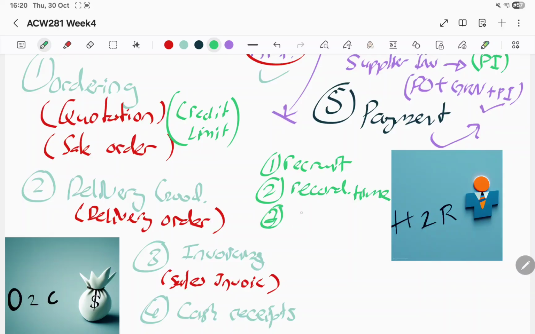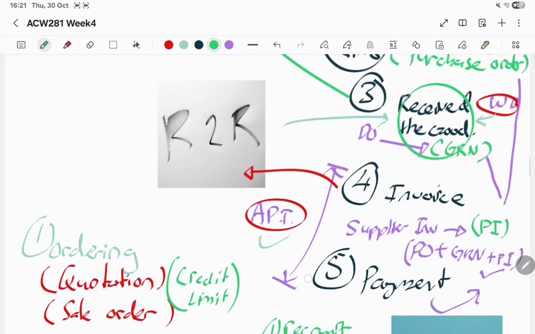And then number 3, you're going to pay the salary. And then number 4, this one will be the compliance. Over here, you will pay tax, you'll pay their PCB, the EPF, the SOCSO, and whatever related compliance.